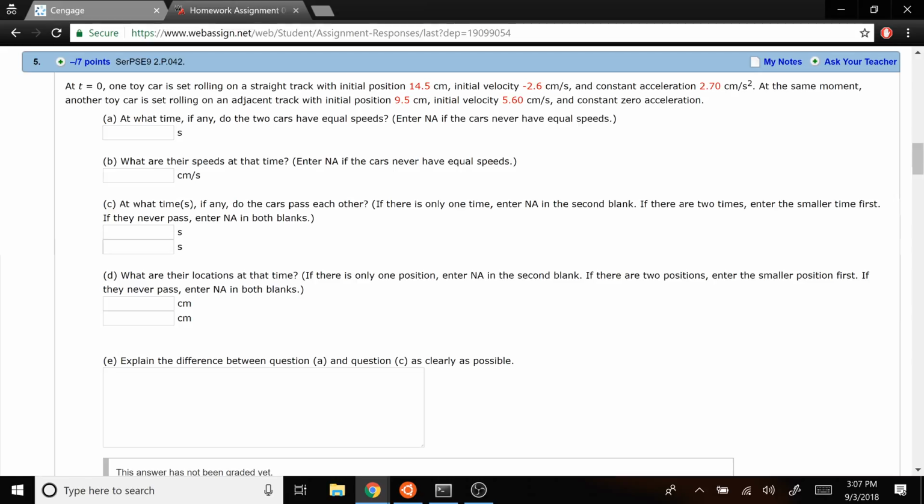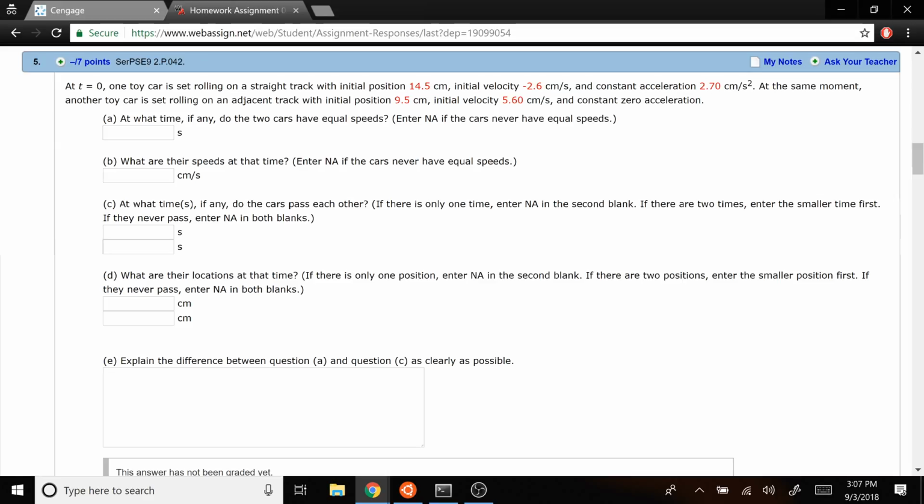Maybe this was just general, and then I just assumed that since we're trying to figure out, since their final velocities are the same, I can set the right side equal to the right side, and then plug in the t's there.